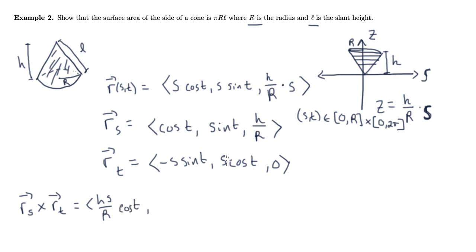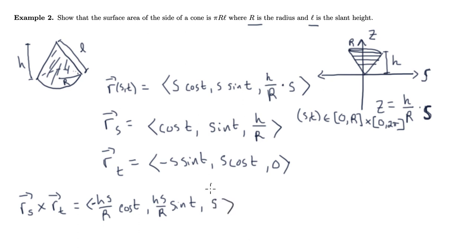Then we'll block that out, and then the y component is going to be, well, this minus this, but it's negative, so hs over r sine t. And then over here, we have s cosine squared t minus negative, so plus s sine squared t, but that's just going to give me s.